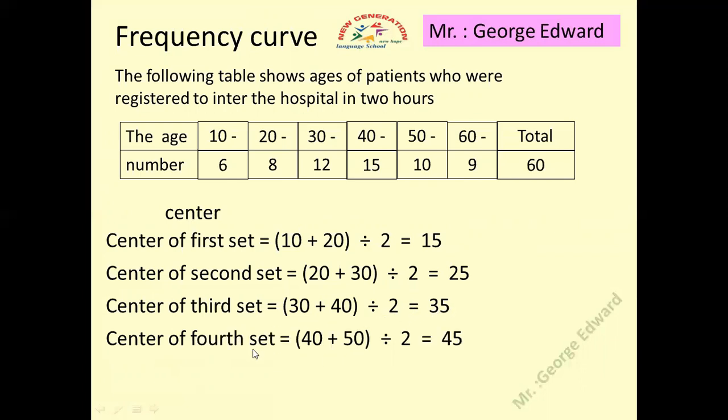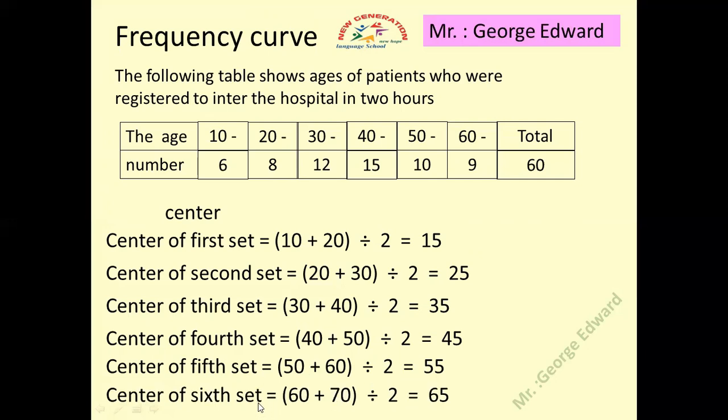Center of the fourth set equals 40 plus 50 divided by 2 equals 45. Center of the fifth set is 50 plus 60 divided by 2 equals 55. Center of the sixth set is 60 plus 70 divided by 2 equals 65.